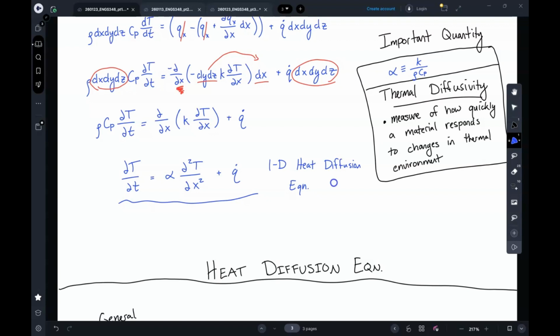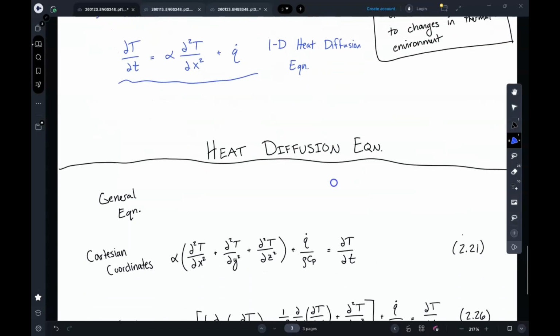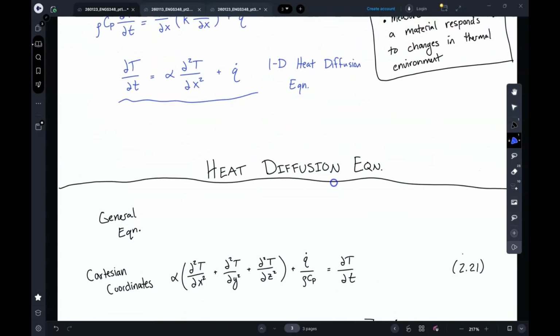And we aren't going to do it, but we could imagine doing this same analysis that we just did. We did it in the X direction. We could repeat it in Y and Z and get something that looks like this. This is equation 2.21 in our book, where we have now an X piece, a Y piece, and a Z piece.